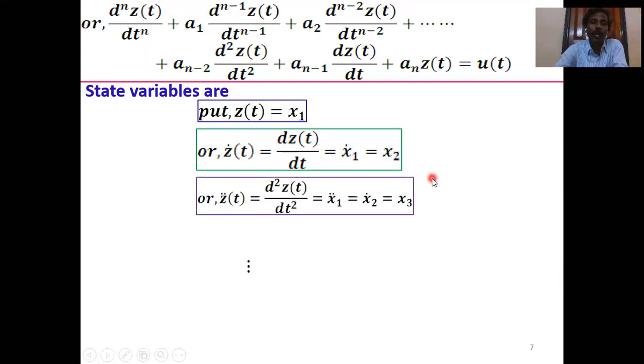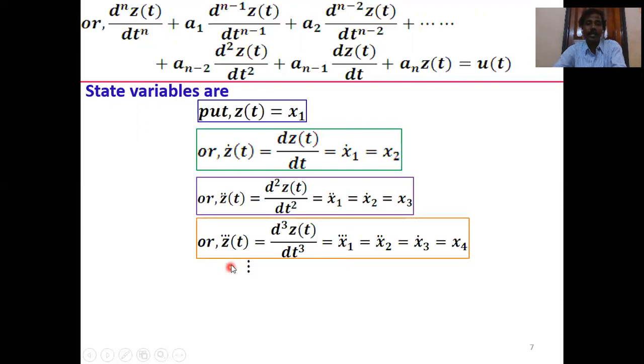Again differentiate both sides. For an nth order differential equation, number the state variables. Then z double dot(t) equals d^2 z(t)/dt^2 equals x1 double dot equals x2 dot equals x3.